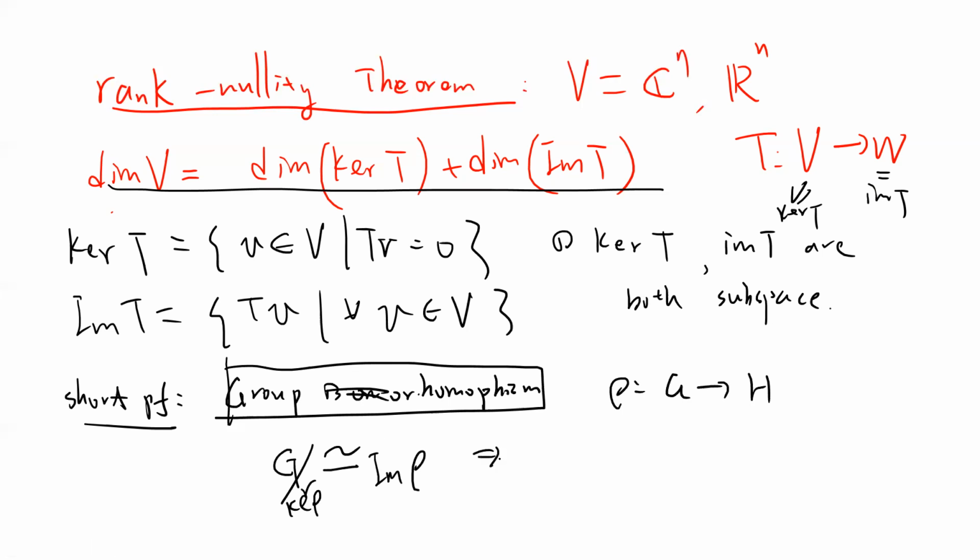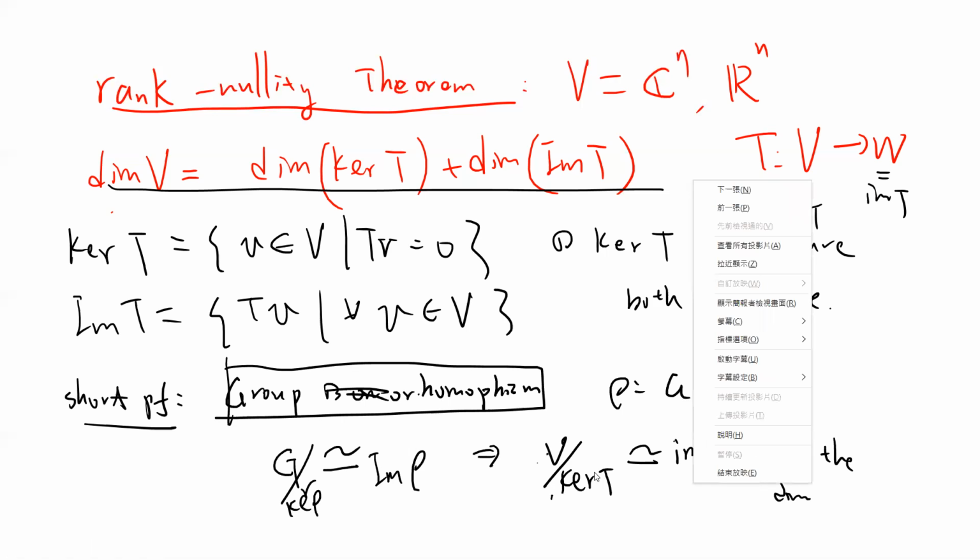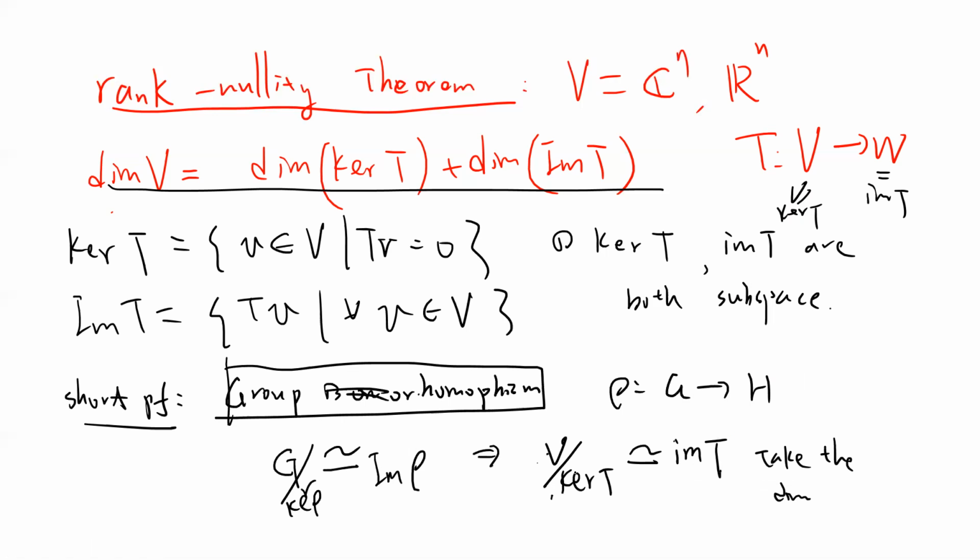We just apply this to the map from V to W, where the group addition is just the vector space addition. So V modulo the kernel of T, which is also a vector space, is isomorphic to the image of T. Taking dimensions, the dimension of V minus the dimension of the kernel equals the dimension of the image of T. The quotient in a vector space is just an abstract subtraction.